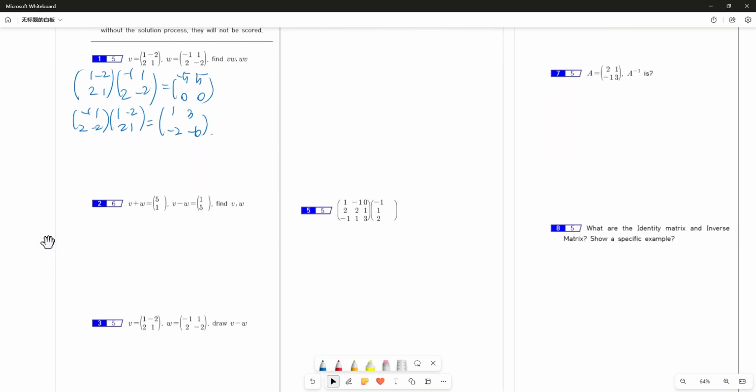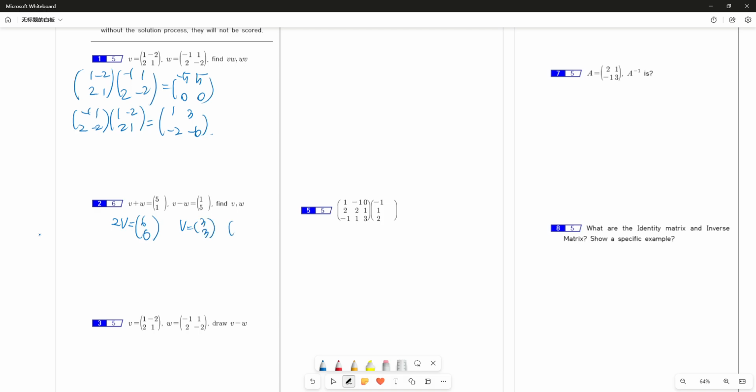And next, V plus W equals 5 plus 5 comma 1, and V minus W equals 1 comma 5. To find V and W, we add the two results. So 2V equals 6 comma 6, so V equals 3 comma 3.